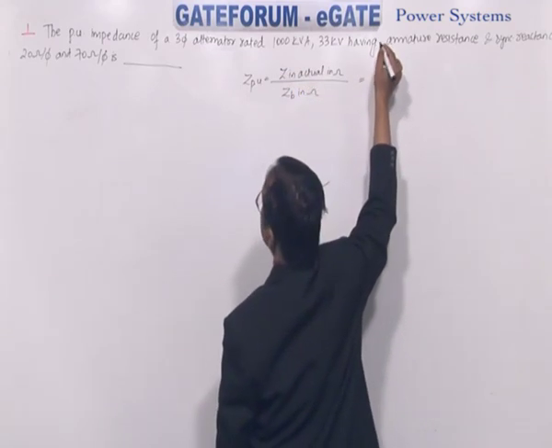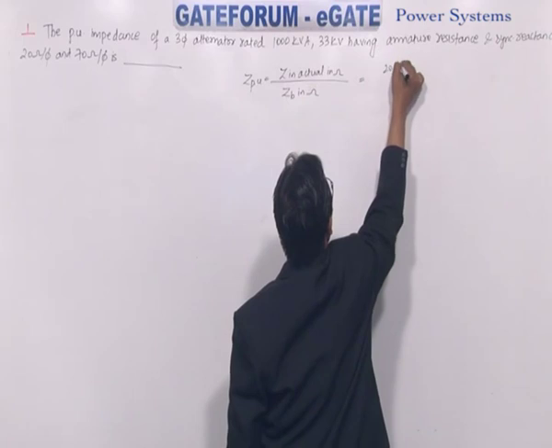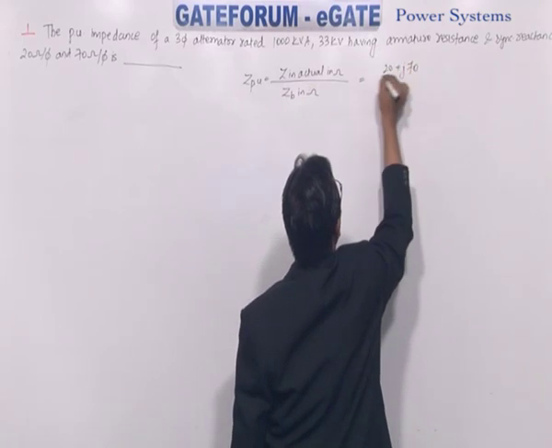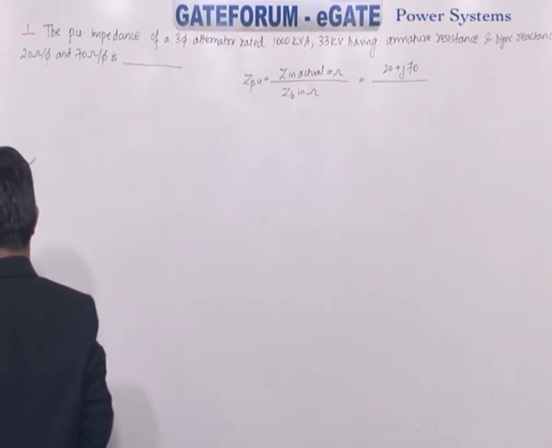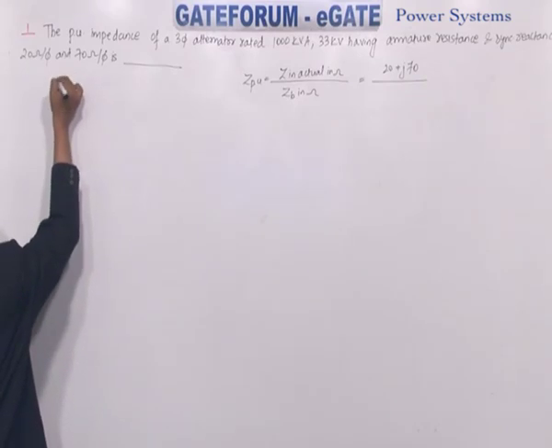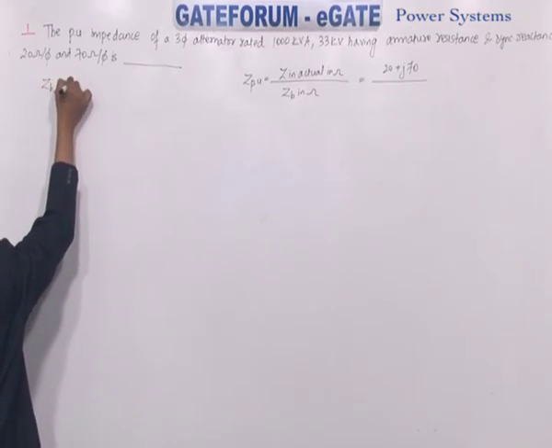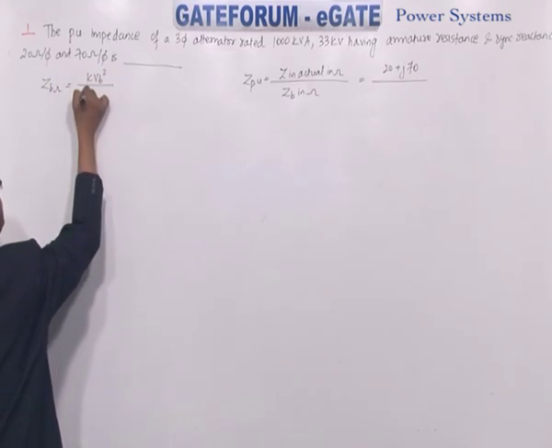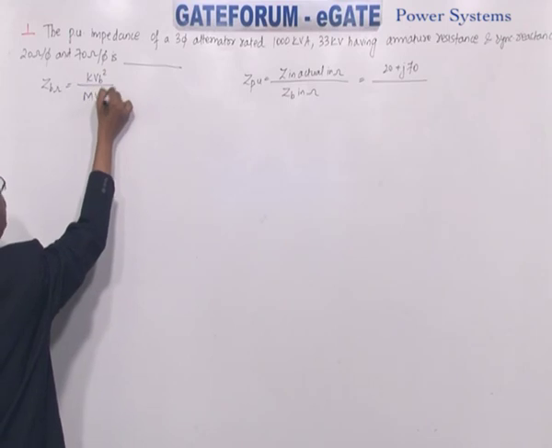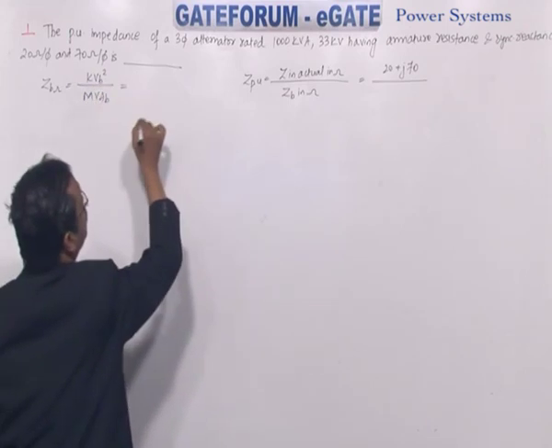So actually how much? 20 plus j70. How to find the base impedance? You know the formula, we have written base impedance in ohms: base kV square by the base MVA.